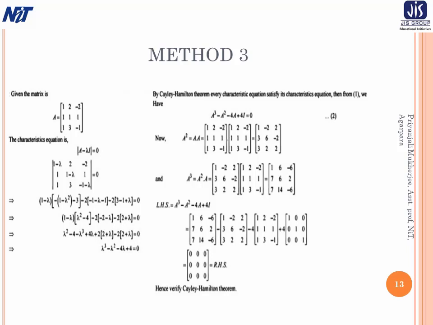So the final result will be 0. If we put the system matrix instead of lambda, we get A cube minus A square minus 4A plus 4I, and the final result becomes 0. So we can prove the Cayley-Hamilton theorem in this way. And using this theorem, we can compute A square, A cube, up to A to the power n without multiplying matrices repeatedly.